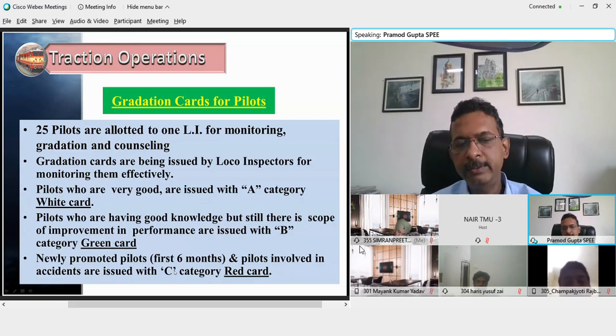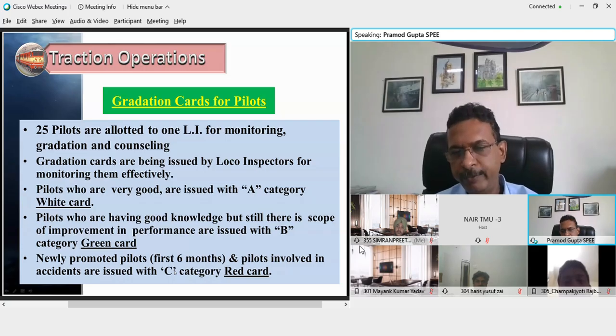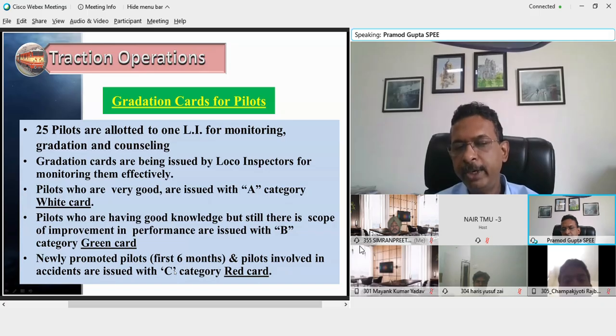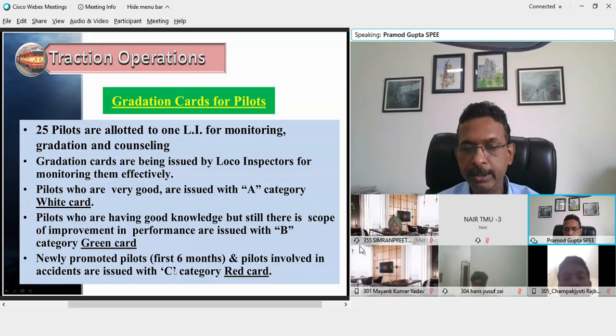We have incidences where the loco pilots have reported that although they are worth having a white card, the loco inspector has not given them the white card because he does not like them, or whatever be the personal relationship. They may also say that during the last 1 year, the loco inspector has not issued even a single white card to any one of them, although he has 50 people who are reporting to him for counseling purposes.